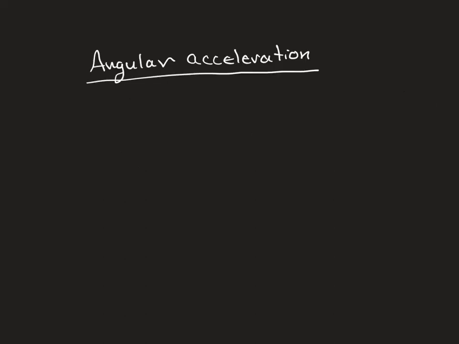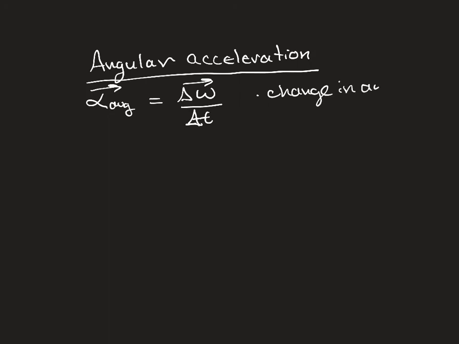Next, we're going to discuss angular acceleration. The average angular acceleration is going to equal the change in angular velocity with respect to time. So angular acceleration is the change in angular velocity with respect to time.